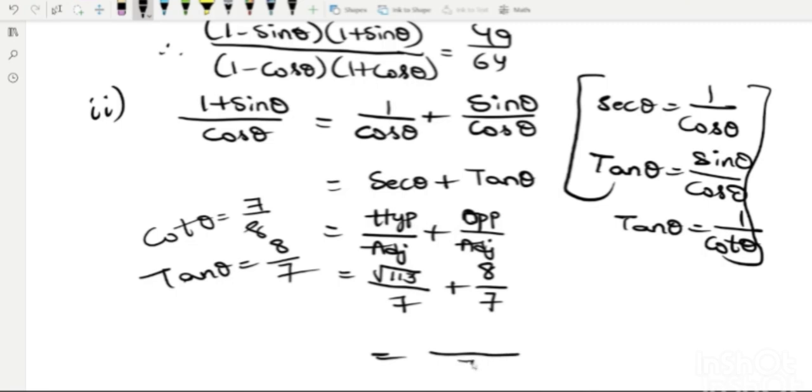Now as the denominator is the same, you can write 7 at the bottom in the denominator and just add them as root over 113 plus 8 divided by 7. So this would be the value of 1 plus sin theta upon cos theta. So I hope you are clear on it. If you have any doubts on the current question, you can comment.